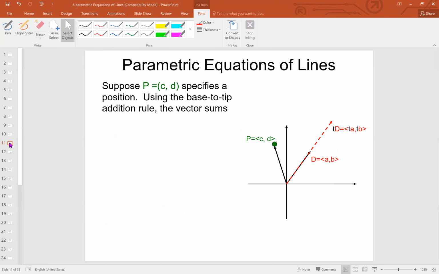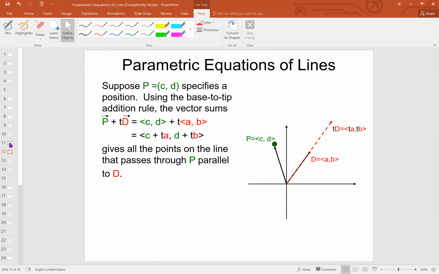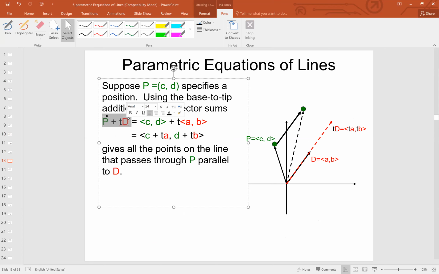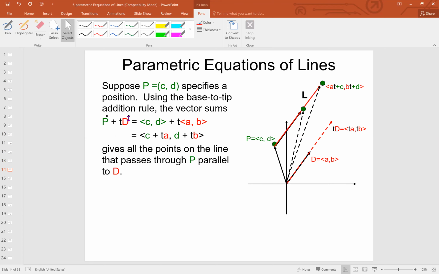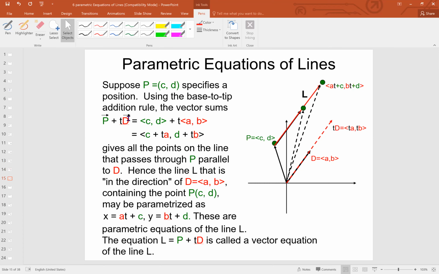The line passing through P in the same direction of d is just the point P plus the stretched direction vector. If I change the number t, I get different points on this line L. This is the set of parametric equations.